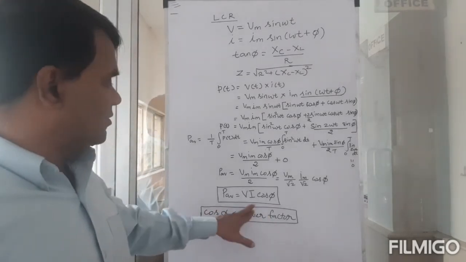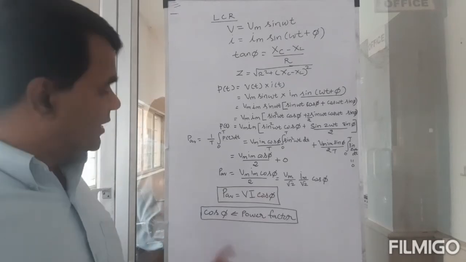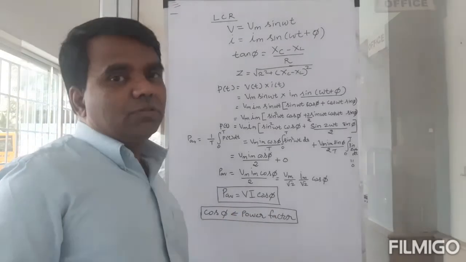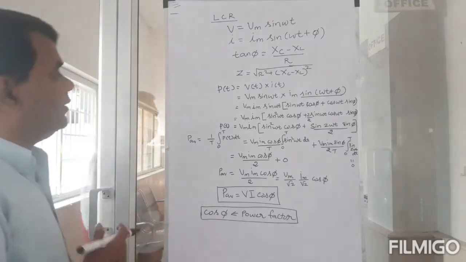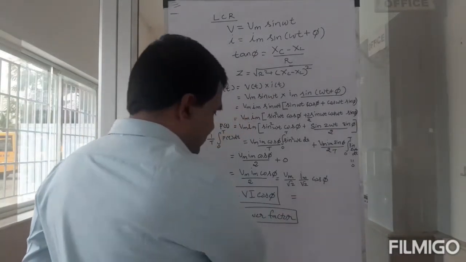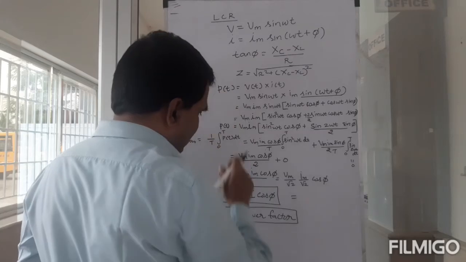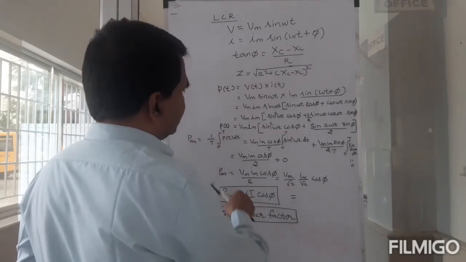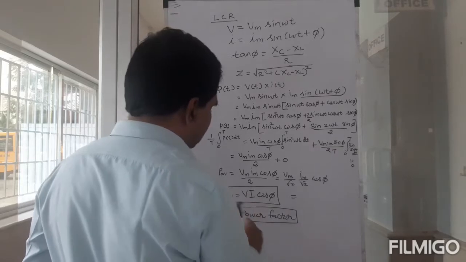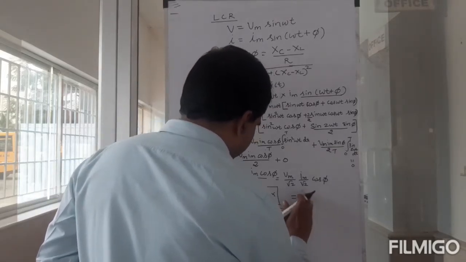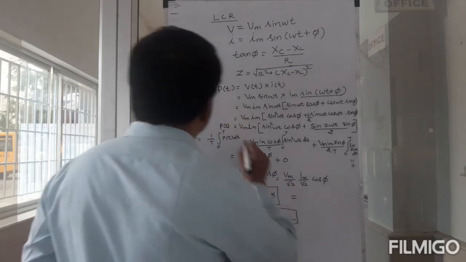So this cos phi is called the power factor, and it varies from 0 to 1. Okay, and this can also be written as, if I write V as I into Z, we know that, right? We've done that already. So V is I into Z.